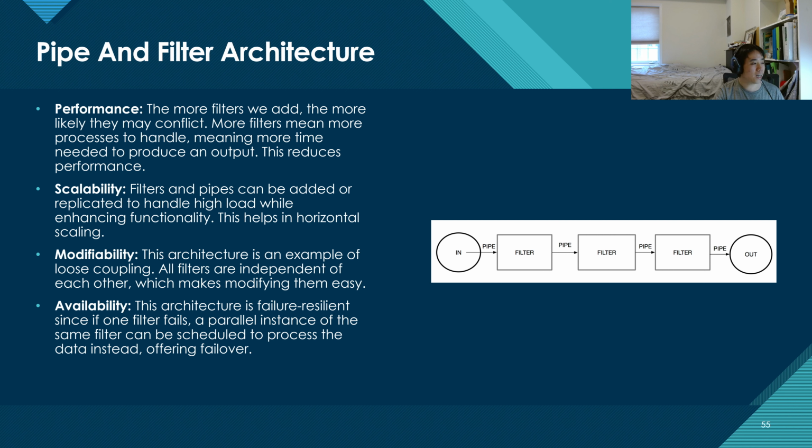Okay. Availability: the good thing is that this architecture is also known to be fairly resilient, because with one failing filter you can try to reroute your traffic to a healthy filter, so that the healthy one will process your request from there and then it will go back on track.